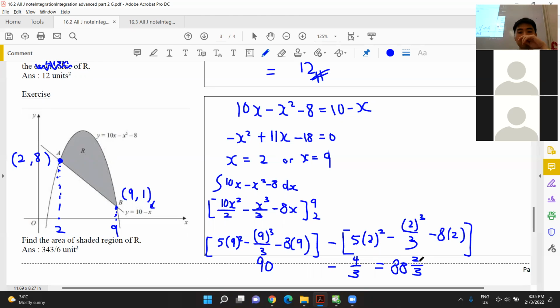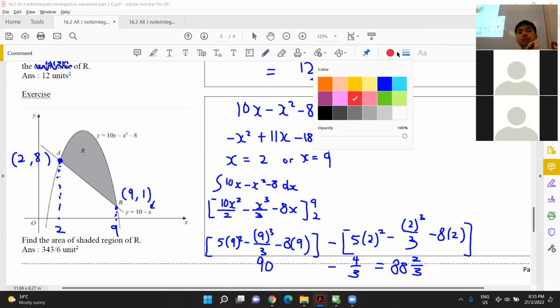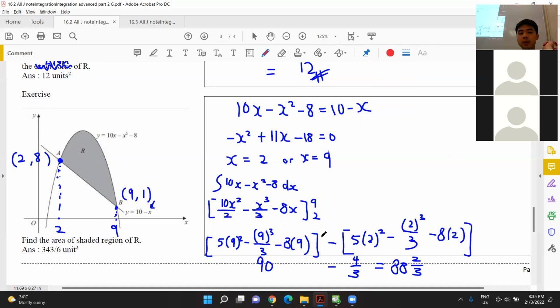Please type into your calculator to attempt to see if you got it or not. From here, we know that this full part, not just the shaded region, is actually 88 and 2/3.